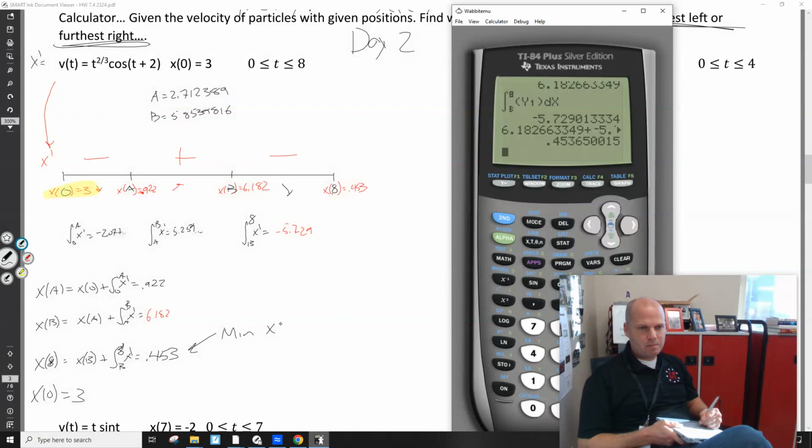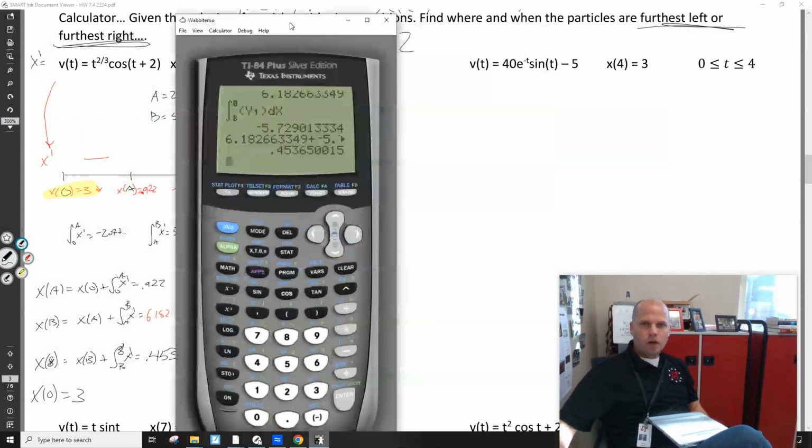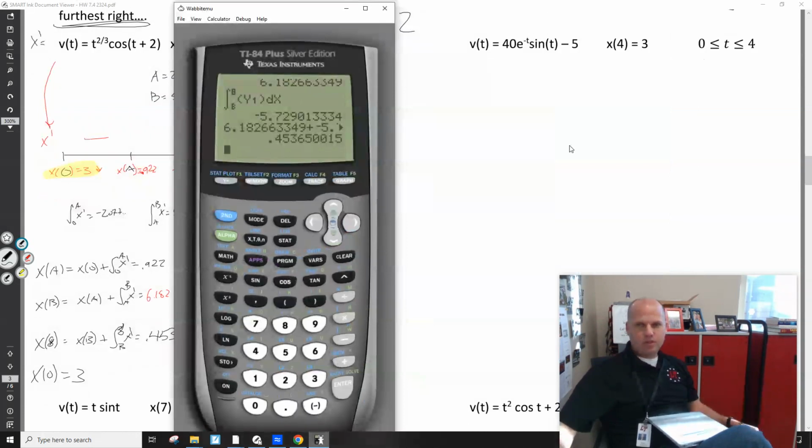It's going to be my minimum position on my interval. This is the largest of the values. This will be my maximum position. This is all that you have to do with this situation: you have to do your full sign analysis, and you have to do an accumulation analysis because you can't take the antiderivative.